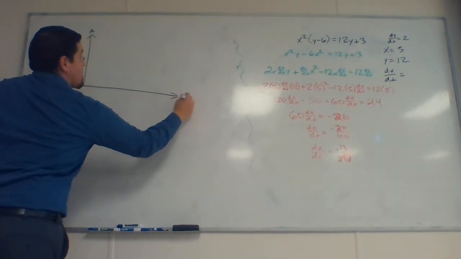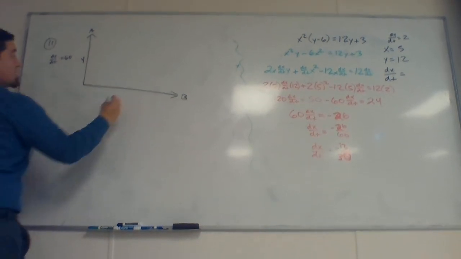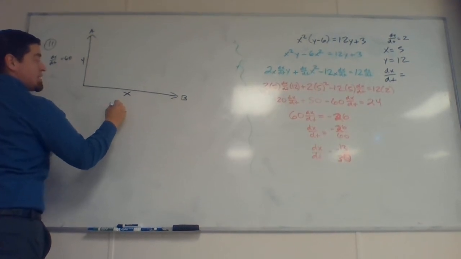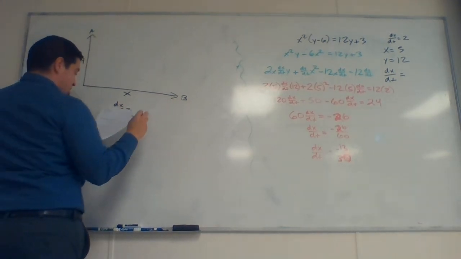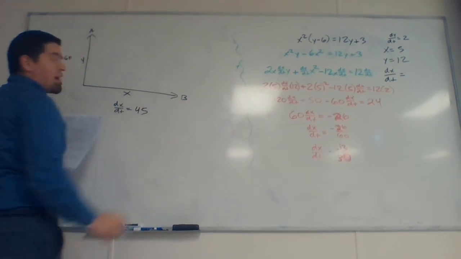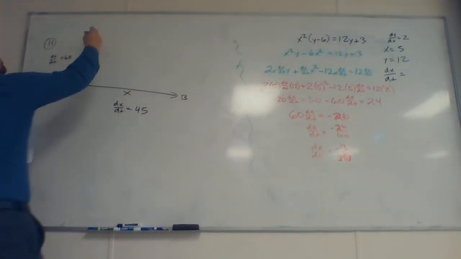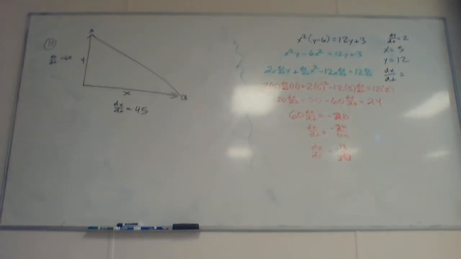Then car B goes east at 45 miles per hour. I'll call this distance x, and the speed dx/dt, which is equal to 45.